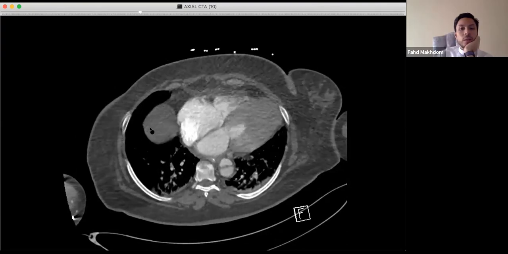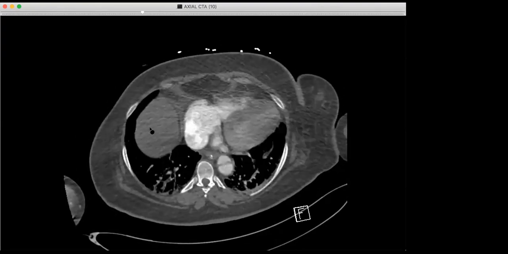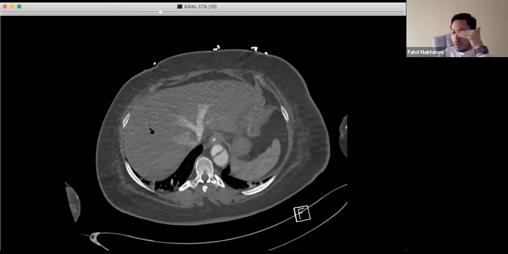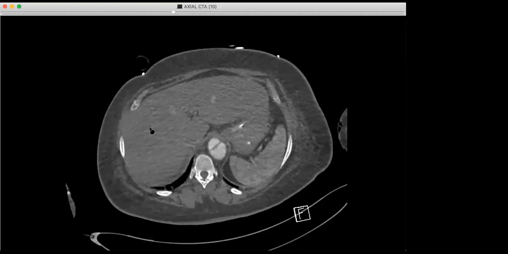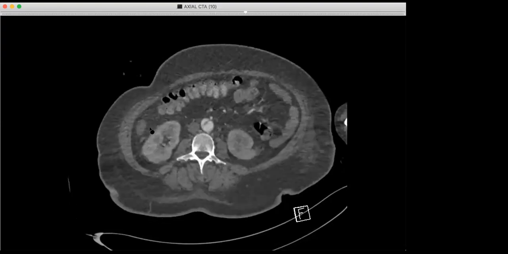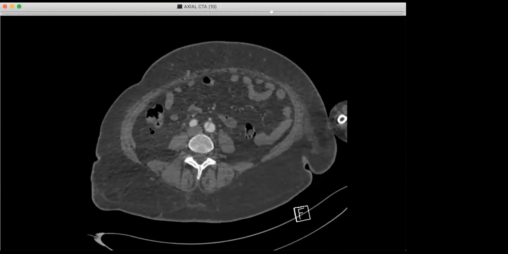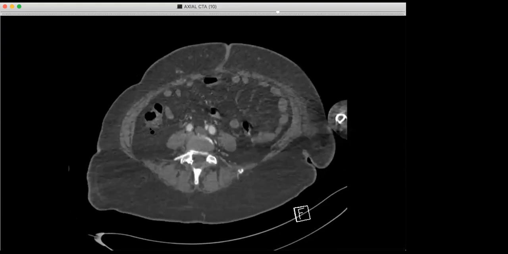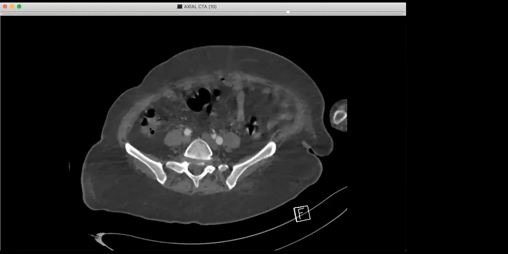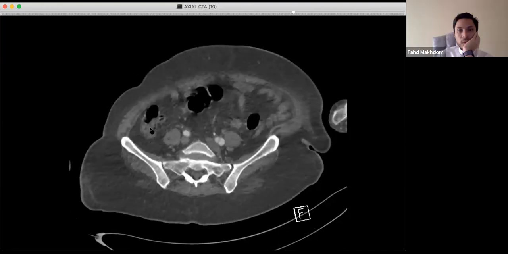Aneurysm where? The ascending. The ascending, okay. And the dissection extends down to the mesenteric and renal arteries, up to the bifurcation and more to the left, also to the left iliac. Okay.